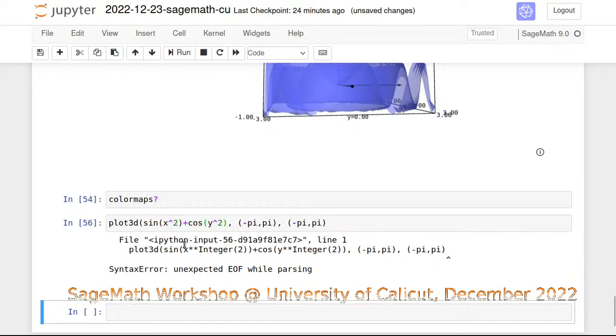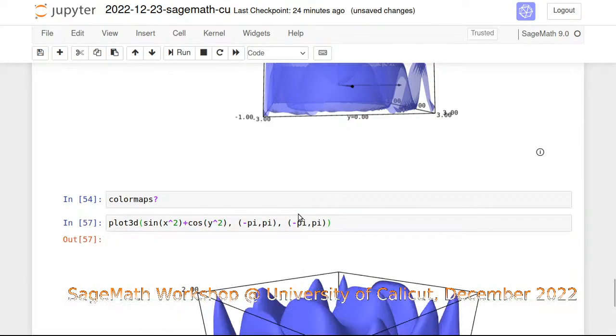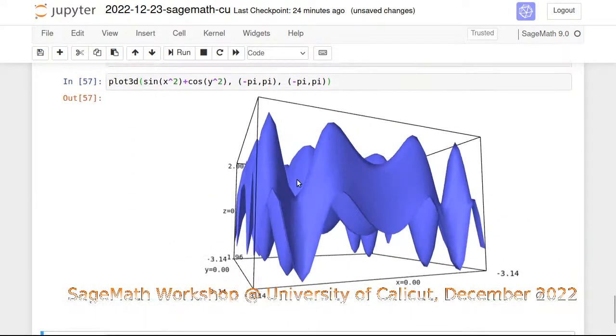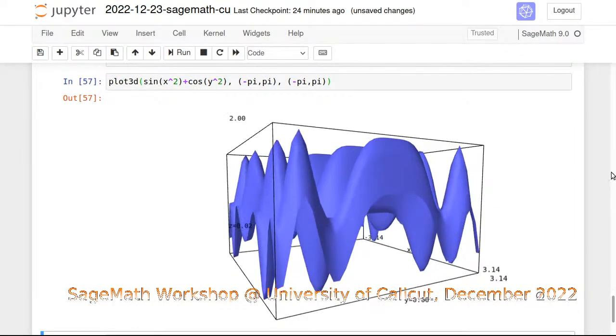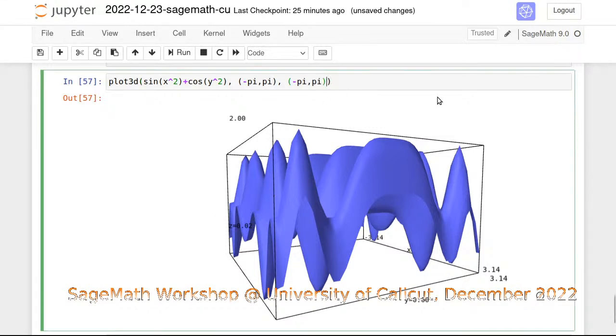So sine x square plus cos y square, with range minus pi to pi specified. This function we have already seen, right? Now we are going to take something from the color map. So let me just add that to this.